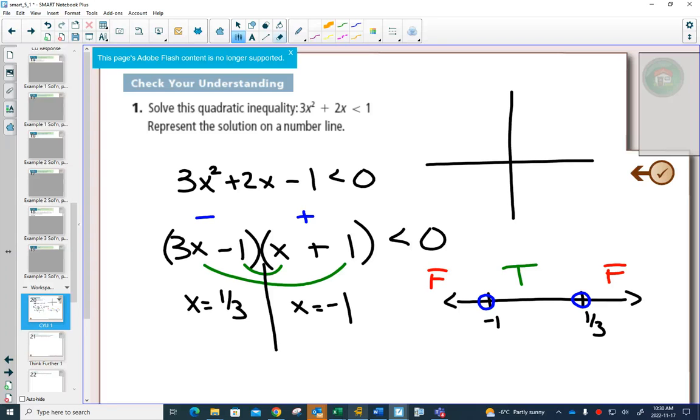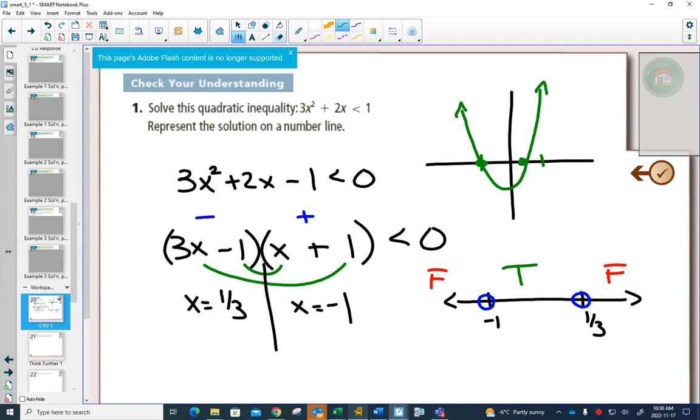The x-intercepts. So we know that on our graph, at -1 we have an x-intercept, and at +1/3 we have an x-intercept. What else do we know about this parabola? Does it open up or does it open down? A is positive, it has to open up.